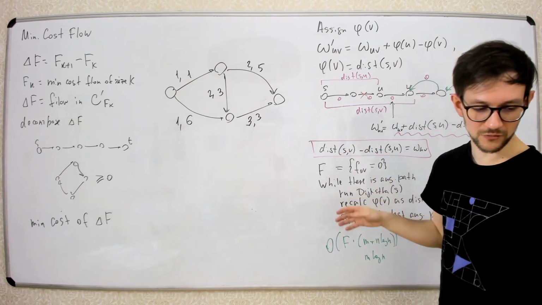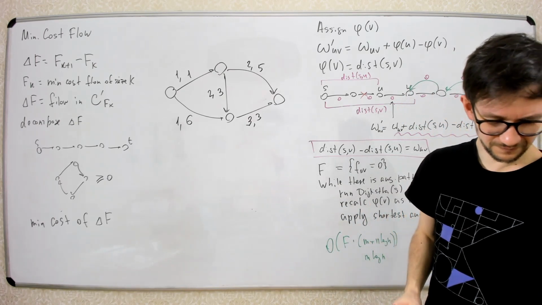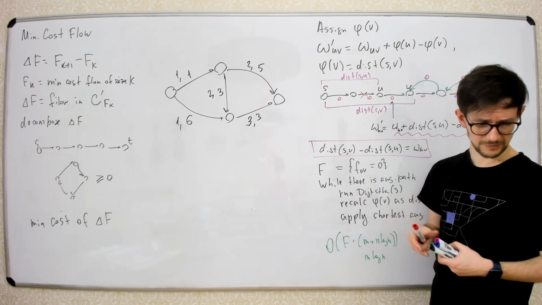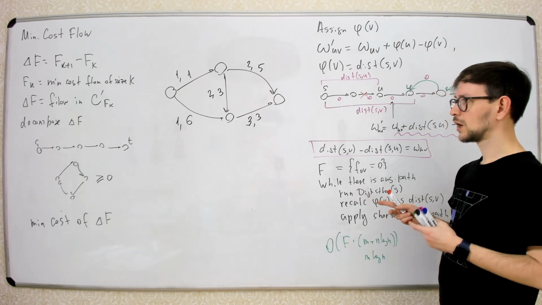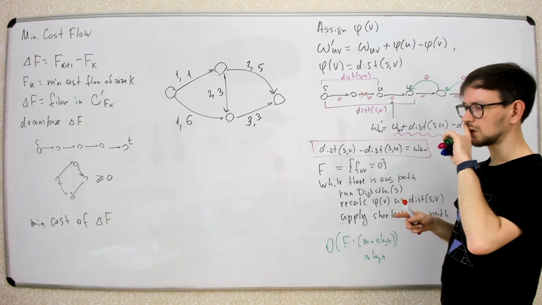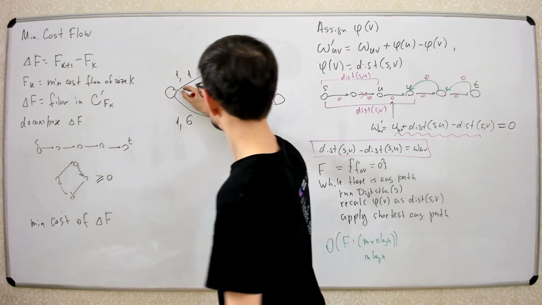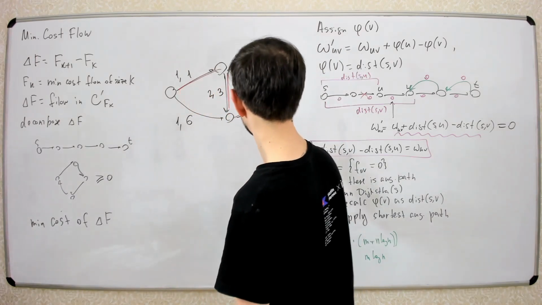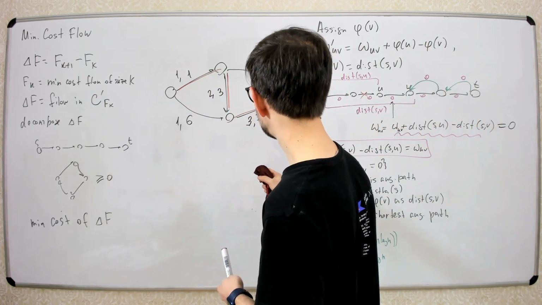So let's look at the following graph. When you look at the first path, the shortest path is this path. Oh no, it's not the shortest path. My bad. I want this to be the shortest path.